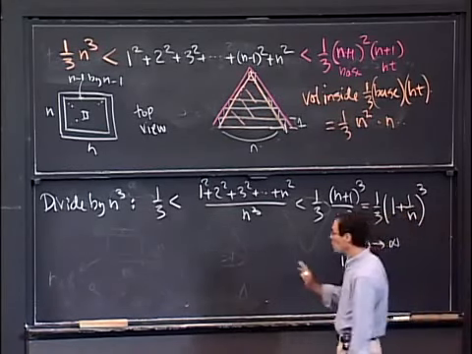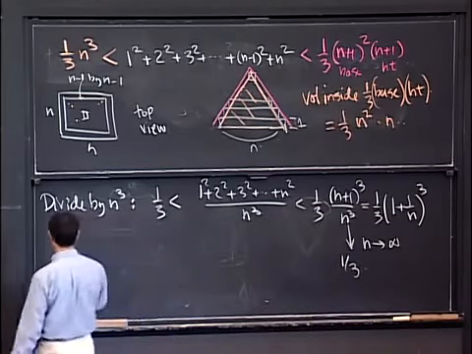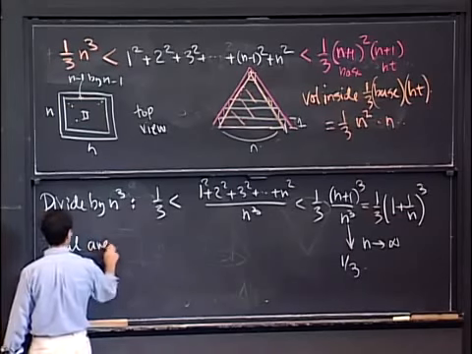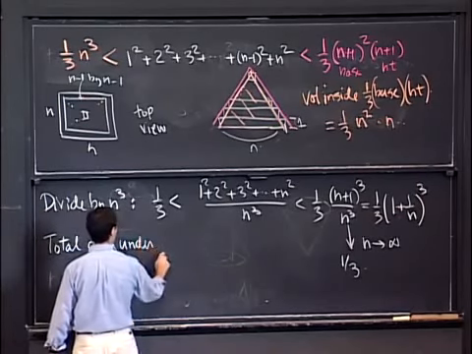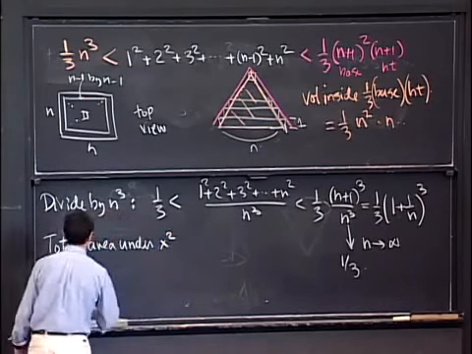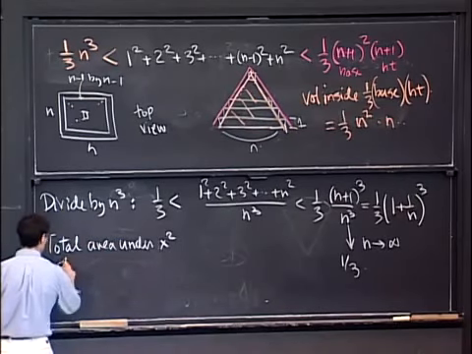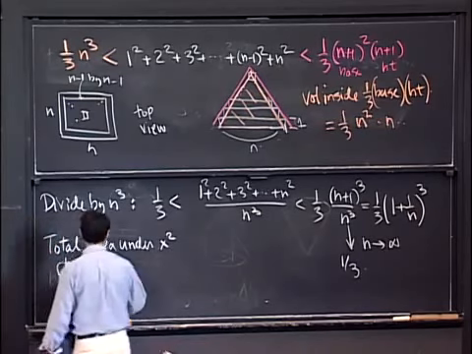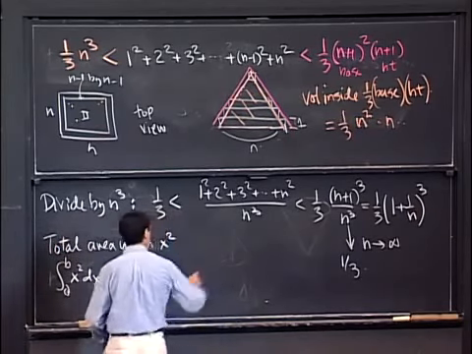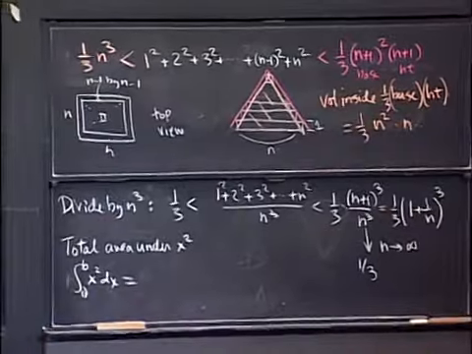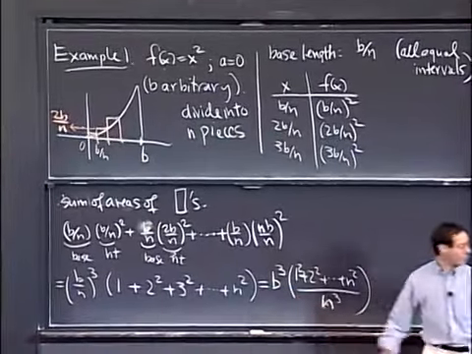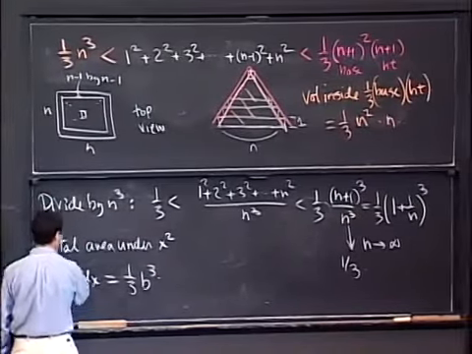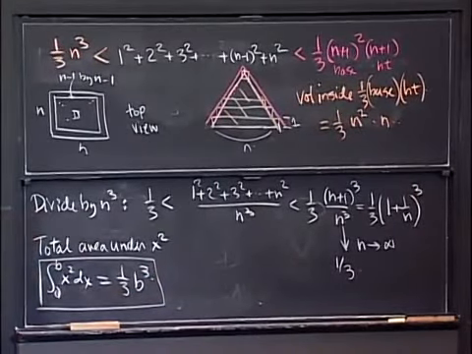And so our total area under x squared, which we sometimes might write as the integral from 0 to b of x squared dx, is going to be equal to, well, it's this 1/3 that I've got, but then there was also a b cubed there. So there's this extra b cubed here. So it's 1/3 b cubed. That's the result from this whole computation.